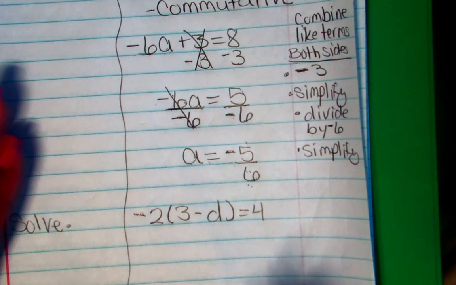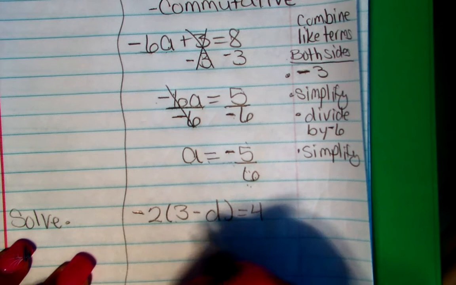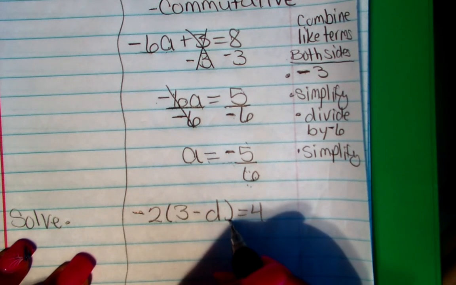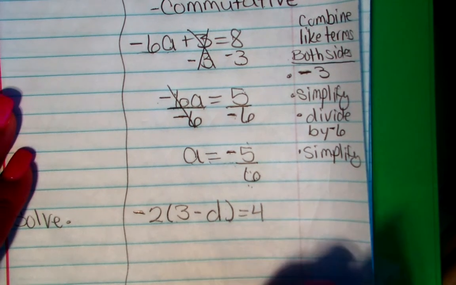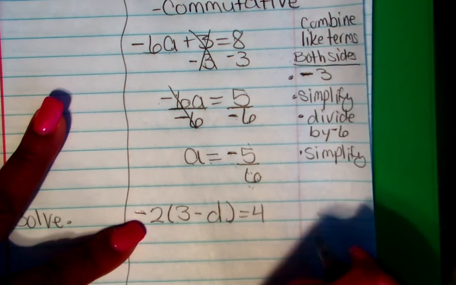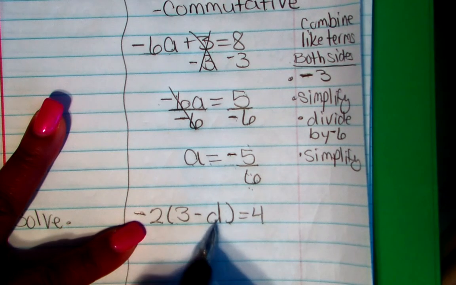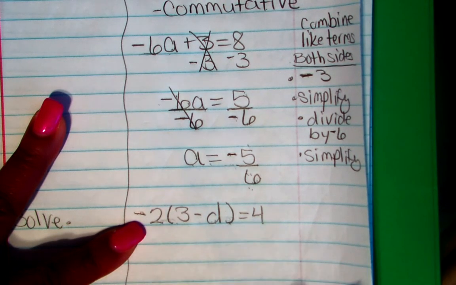So when you see grouping symbols and you're solving an equation for a variable, get rid of the grouping symbol. This is not the only way, but I'm going to make it multi-step instead of 2-step. So what I'm going to do first is get rid of the grouping symbol so I can see what is really going on with the d.